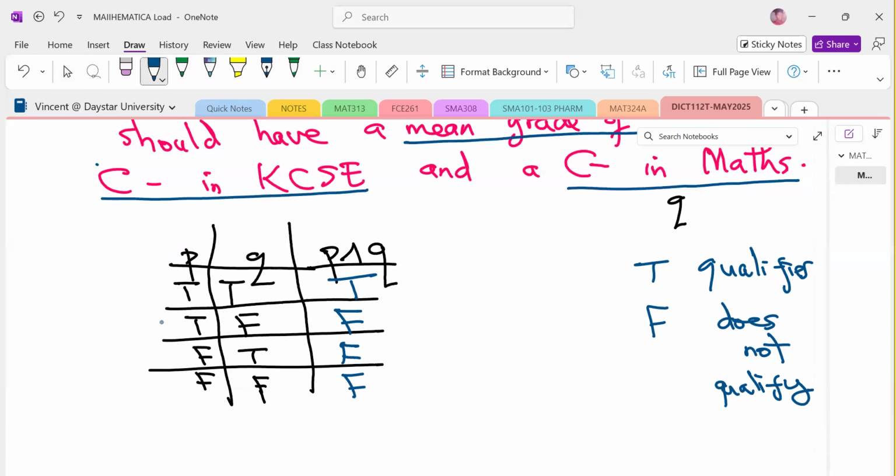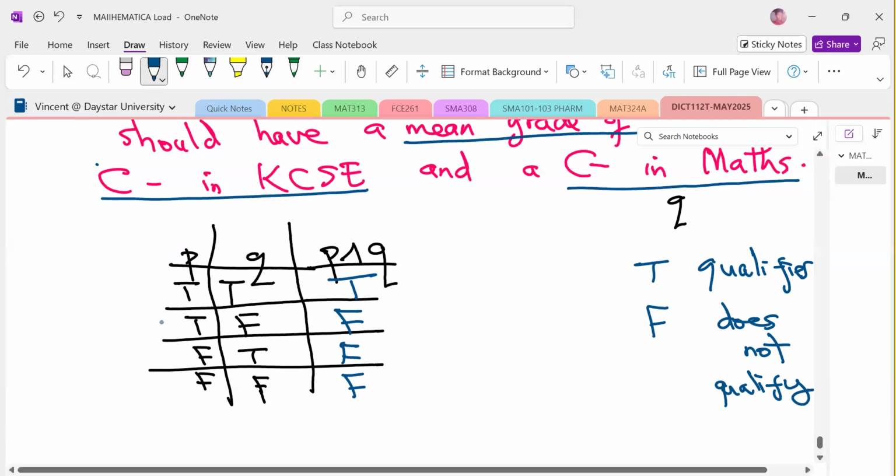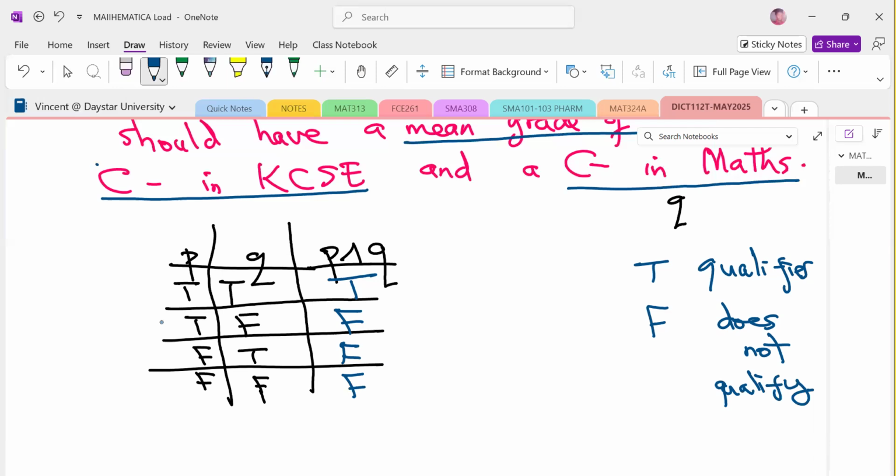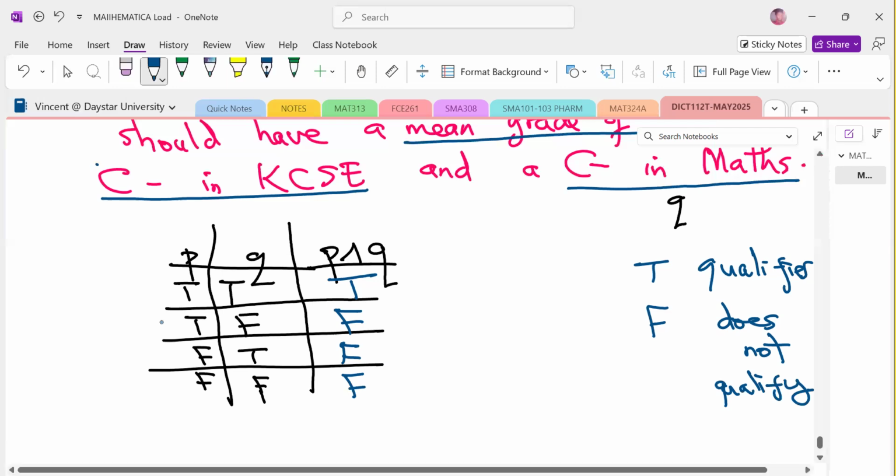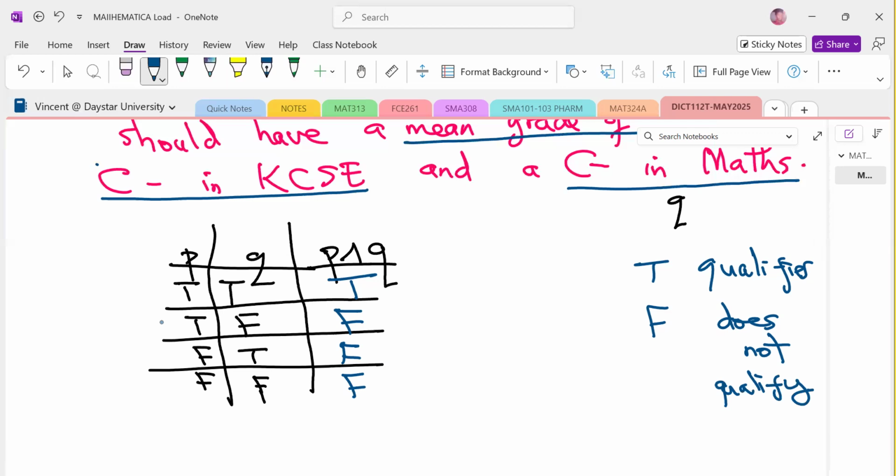So from this truth table, what summary can you make out of it? When do you expect to get a true value for a conjunction, or when do you expect to get a false value for a conjunction? If you have two statements, these results are written in blue.